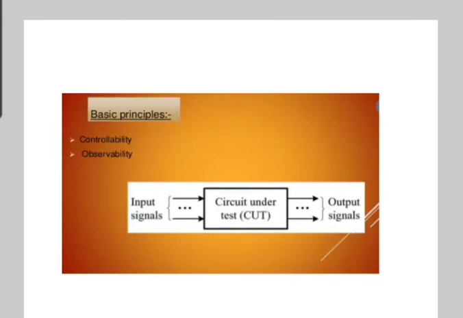Observability is useful when a test engineer has to measure the output of a gate or chip within a larger circuit, to check its correct operation. Higher observability indicates a smaller number of cycles required to measure the output node value.